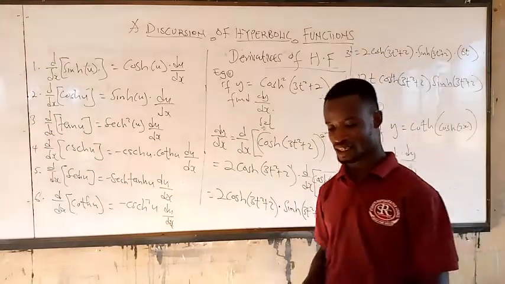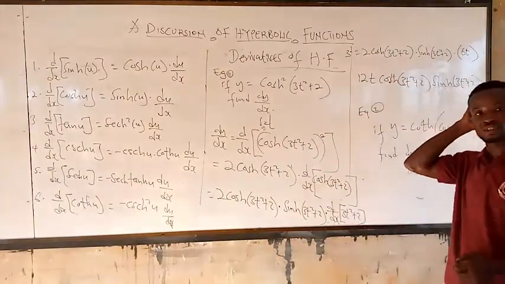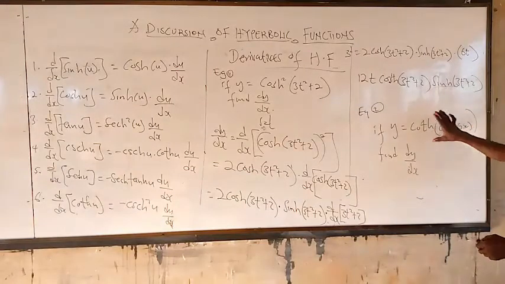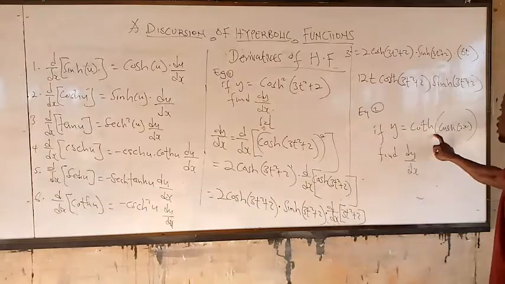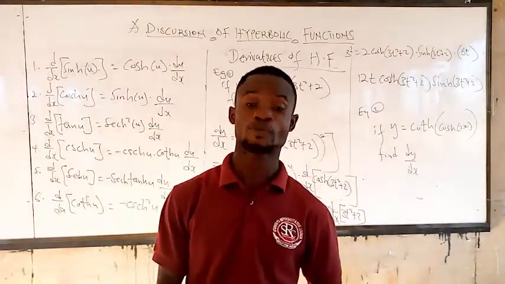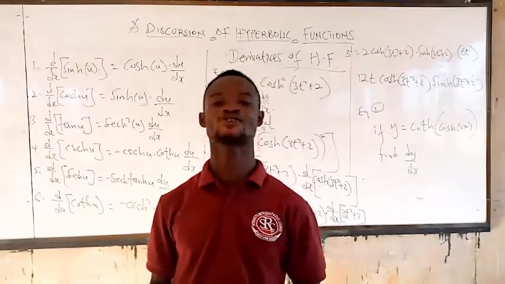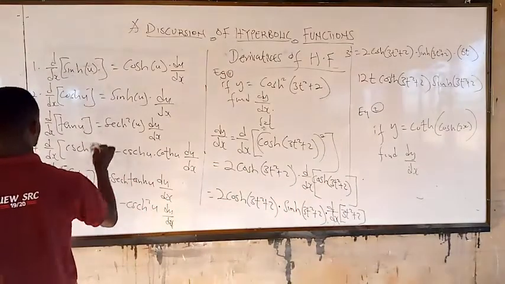As I said, if you haven't watched differentiation in calculus 1, go and do it, because here it's all about your differentiation. Question: is this a product rule, chain rule, or what? What do you think?